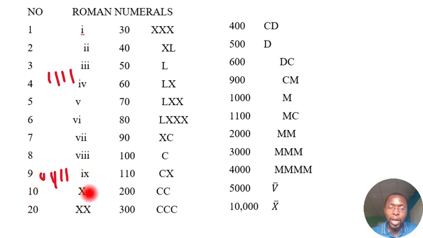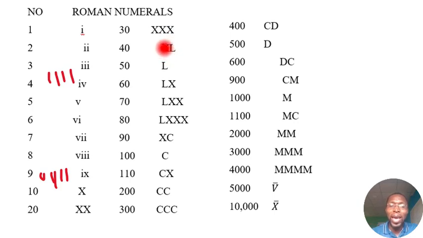And of course, we know that 10 is X. 20 is 10 plus 10, that's XX. It's allowed because it's still within the rule. 30 is XXX, so 10 plus 10 plus 10, that's 30. 40 cannot be XXXX because it's going to be more than 3 of the same letters.